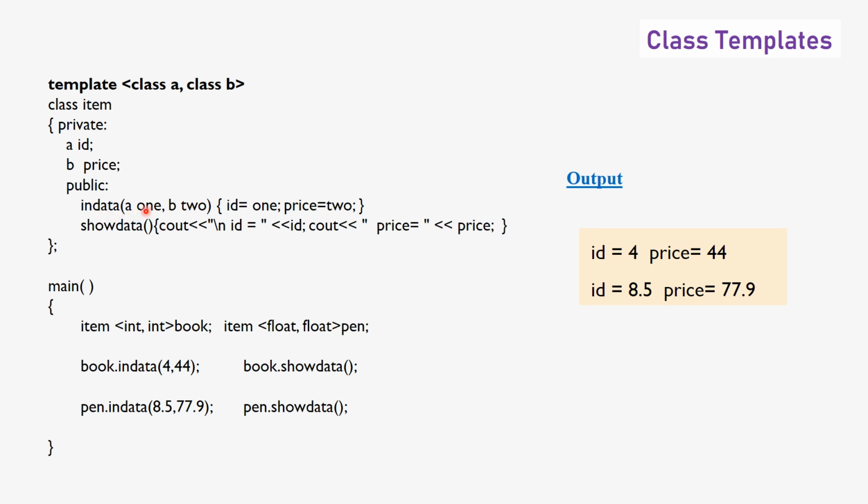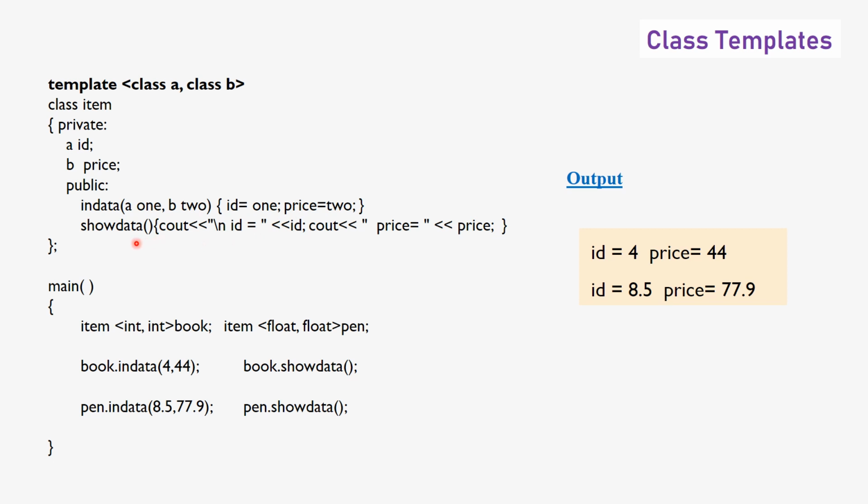The type of the first argument is A and the type of the second argument is B, and the first is assigned to ID, and the type of B, because price is B, will be assigned to price.